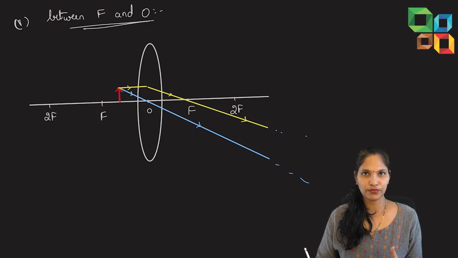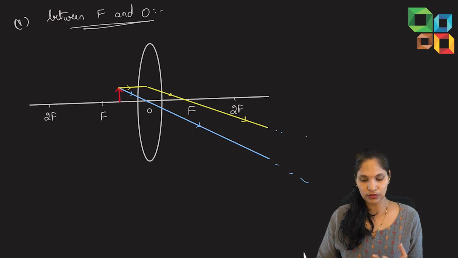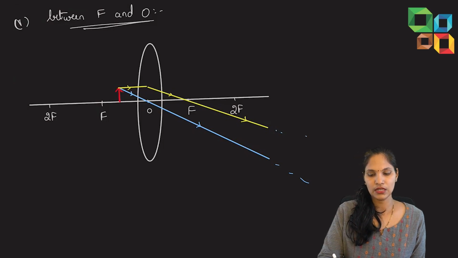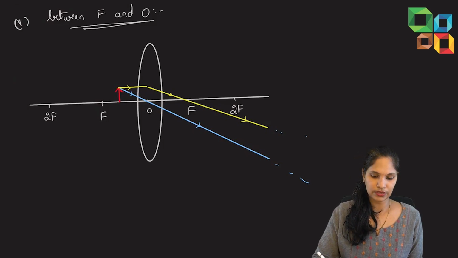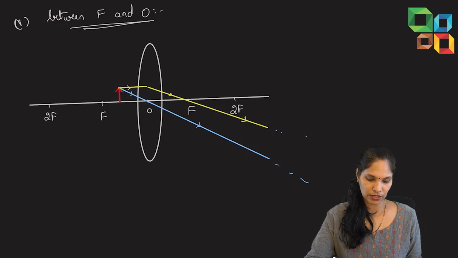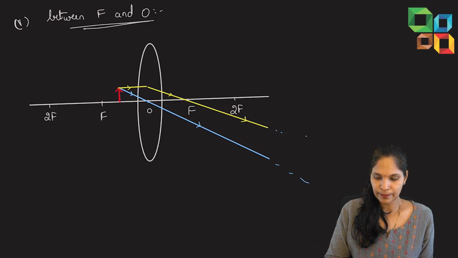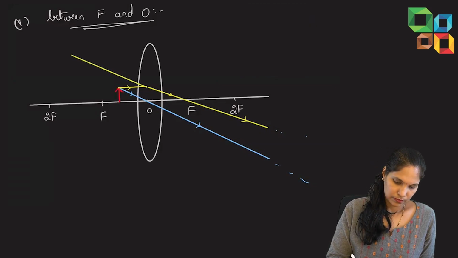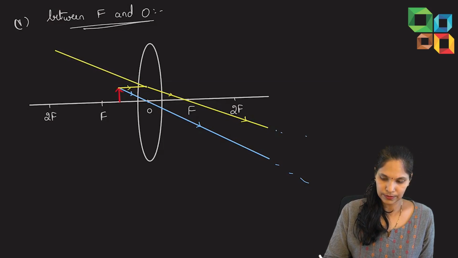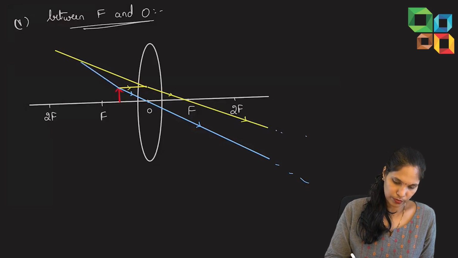Is it possible for the refracted rays to meet? Then any other chance is there? Yes, there is a chance. Only if you extend them backward, there is a chance that they can meet each other. So let's extend them backward so that we get a chance to make them meet.